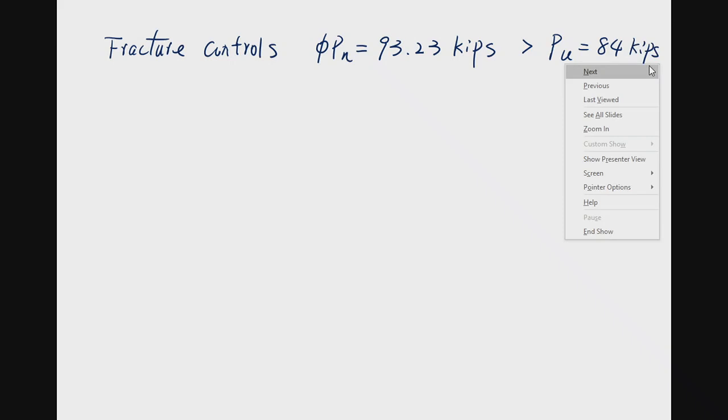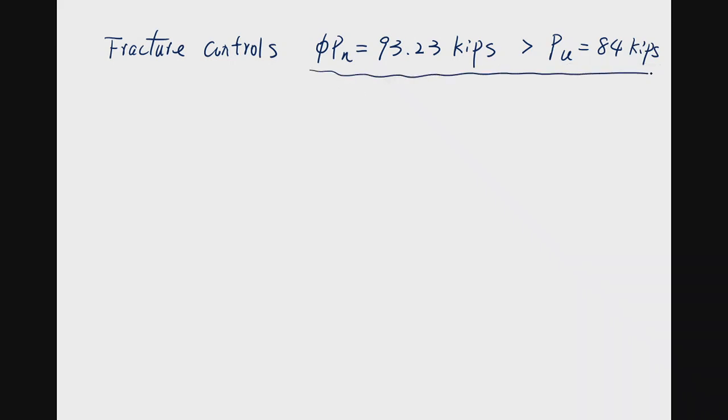So phi PN is based on fracture, which equals 93.23 kips, and that is just greater than PU, right? PU is 84 kips. Okay, so we're good, and we're not overly conservative, so we're okay.